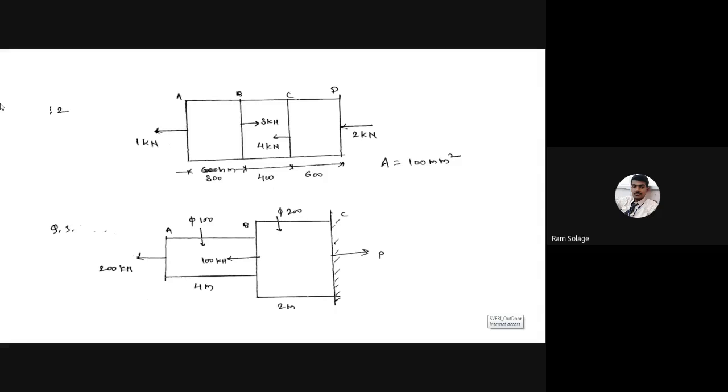Take capital E is equal to 200 gigapascal. Draw this diagram.